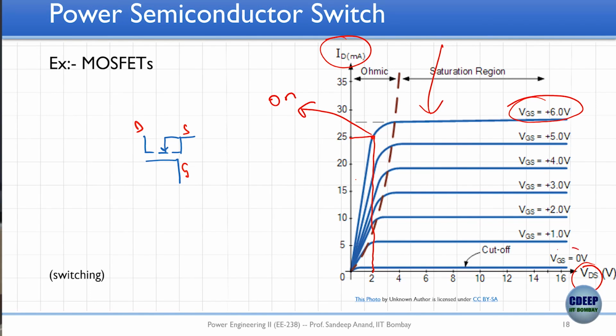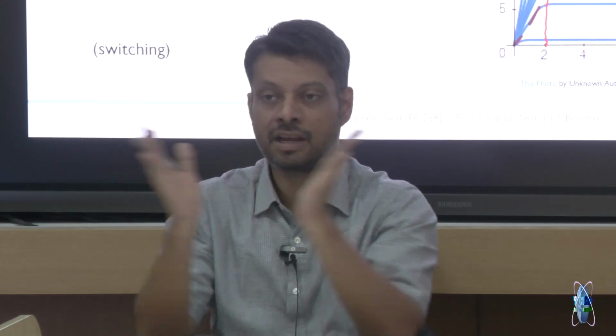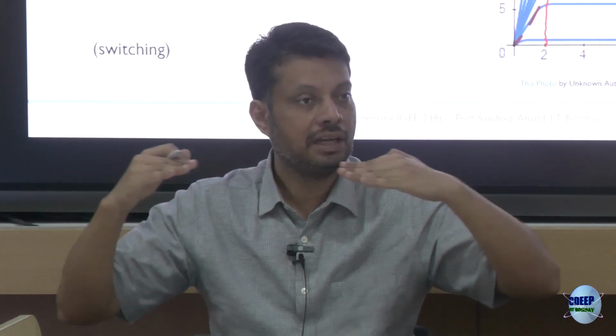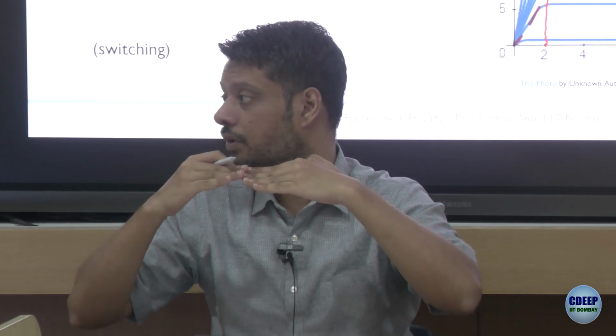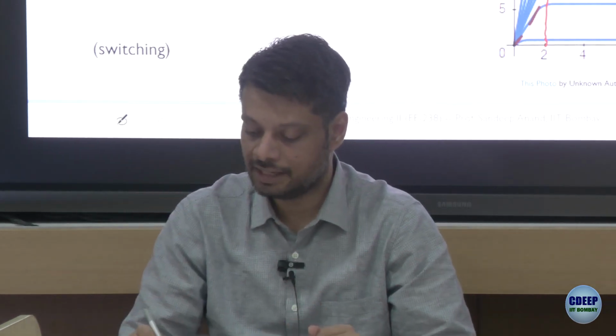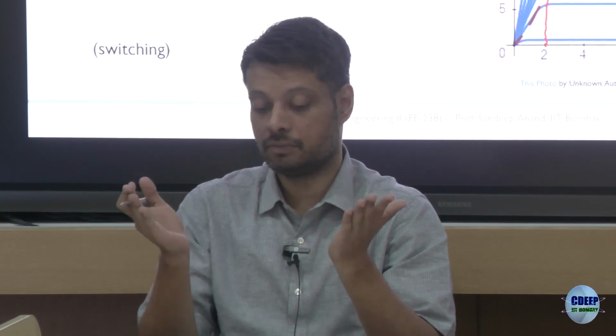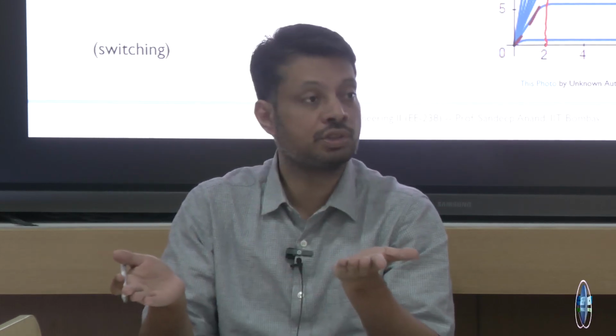If I give the gate to source voltage 0, it can block very large voltage and will not allow any current to flow. This is like the switch is open, because when the switch is open, it will not allow any current to flow. When the switch is closed, it allows current to flow with a very small drop across the switch. So this point I can call the off condition. When I want to close the switch, I give gate to source 6 volt.